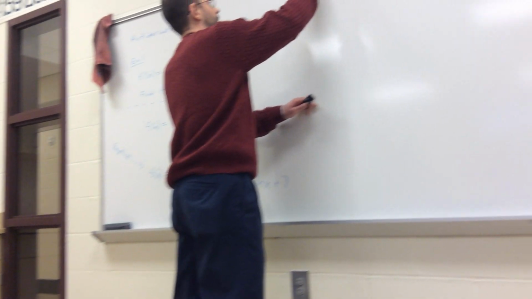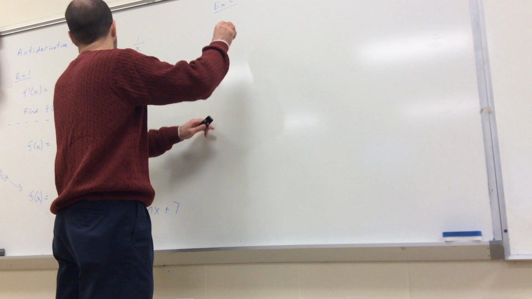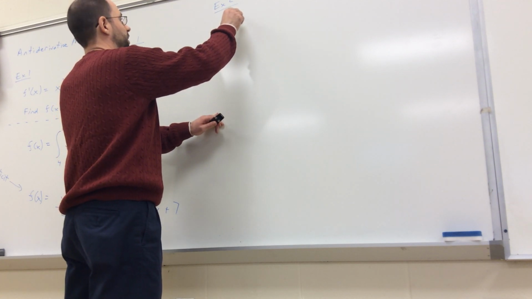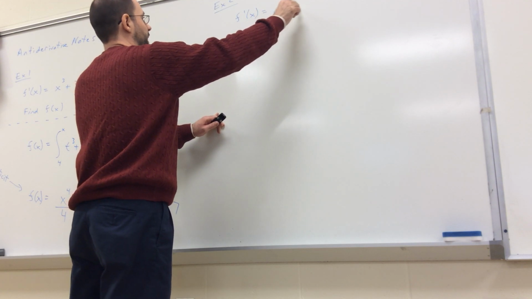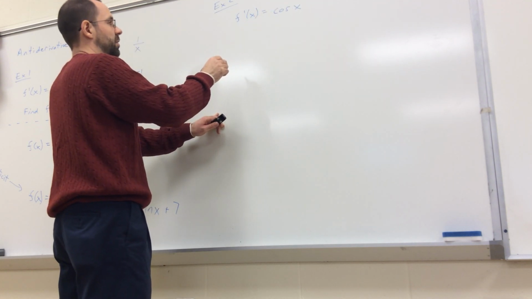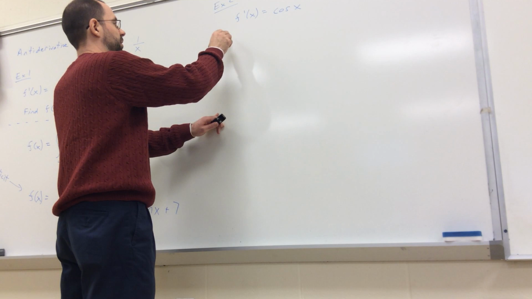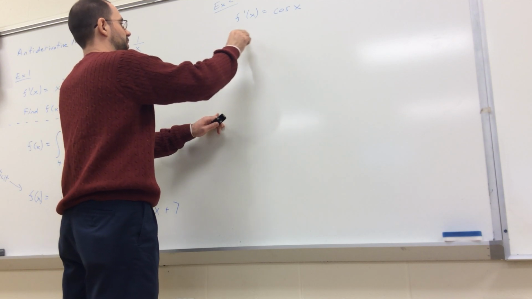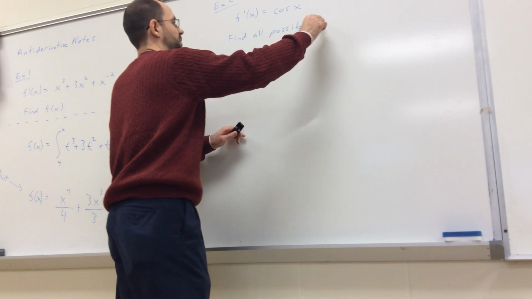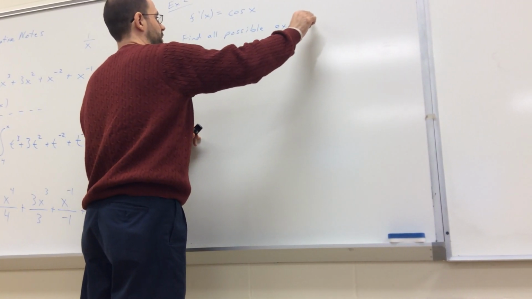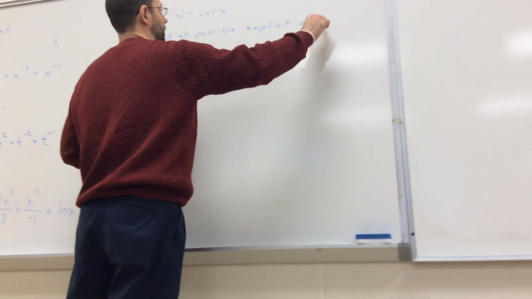Okay. So now for example 2, I'm going to have the derivative equal cosine of x. And I want to find all possible explicit antiderivatives.